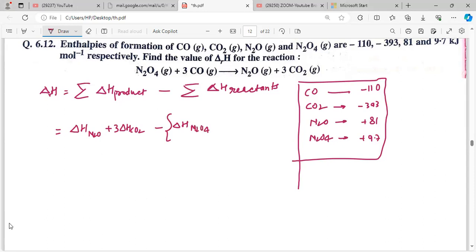So therefore, delta H into 3 delta H CO2, delta H N2O4.